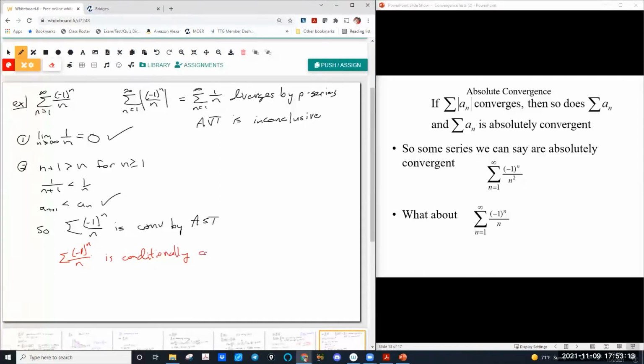So it's still convergent, but its absolute value does not converge. Again, absolute convergence is a stronger form of convergence. It's not difficult. Basically, all you have to do is take the absolute value of your series. If the absolute value converges, then it is absolutely convergent. And this is when you'll see it most often, with alternating series. If the alternating series is convergent, but it has negative terms in it, you have to take the absolute value and see if it's still convergent for absolute convergence.